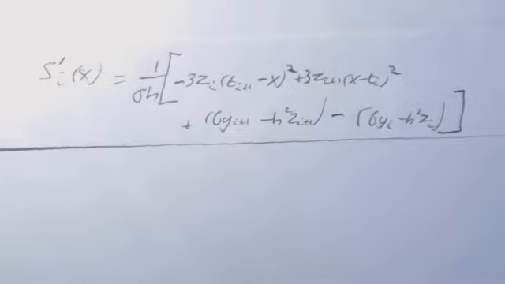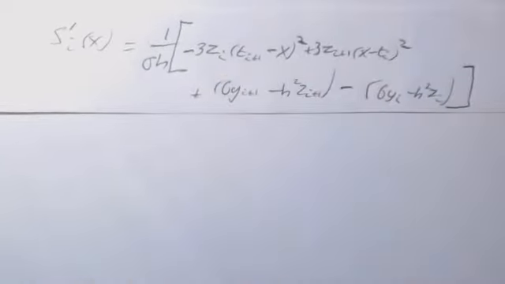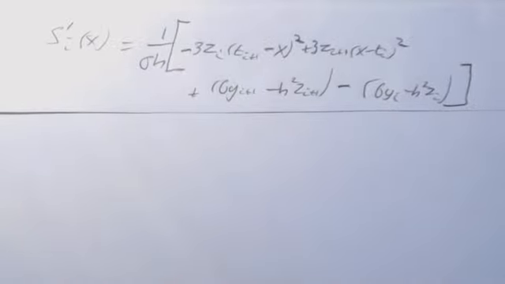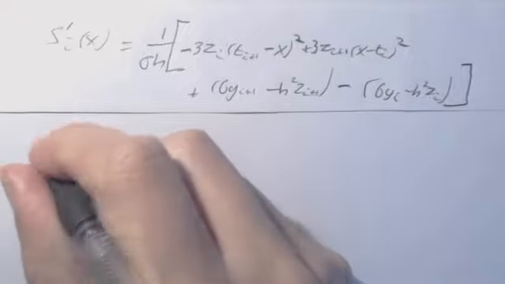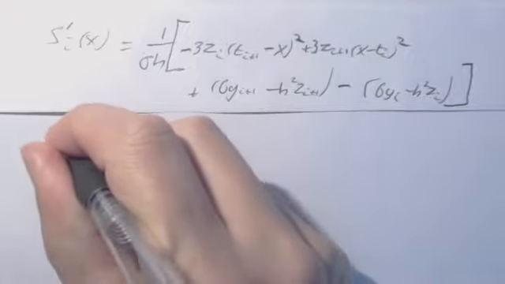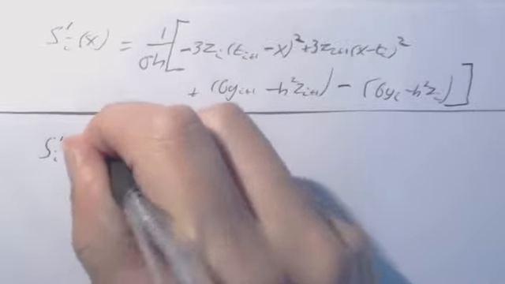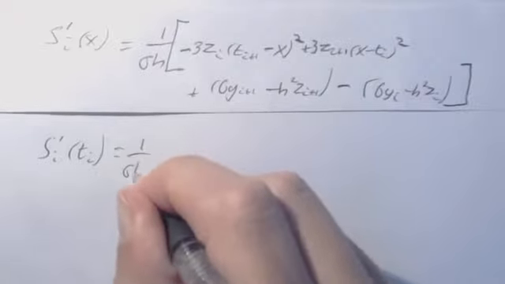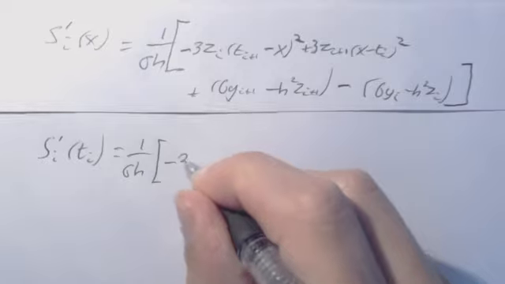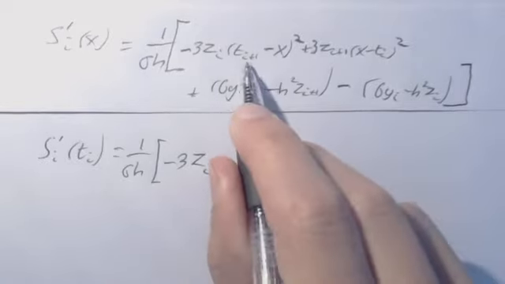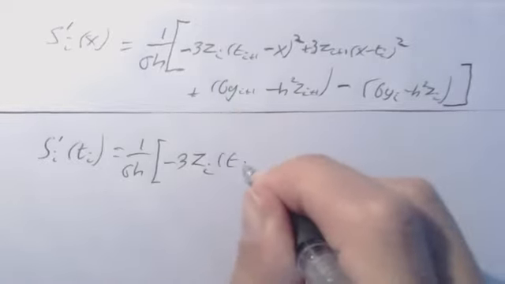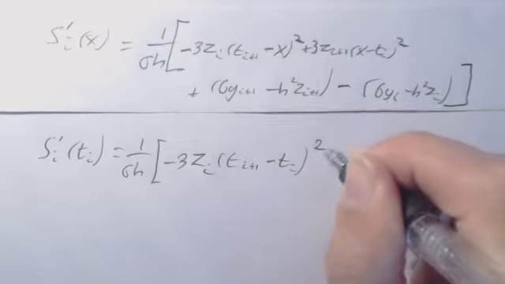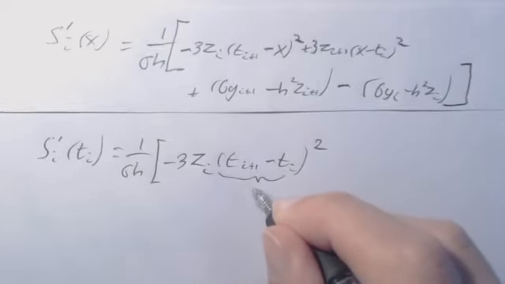So let's go through it again, this time hopefully correctly. So this bit was right when I calculated the derivative, so let's plug in ti. This could be 1 over 6h, minus 3zi, (ti plus 1 minus ti) squared, and this bit here is h.